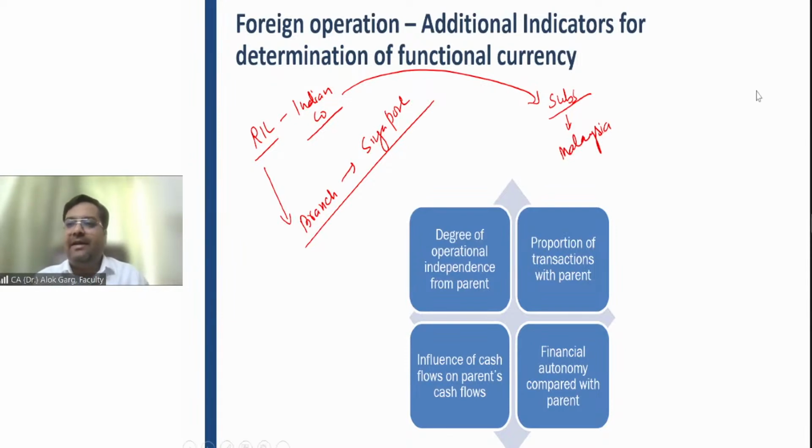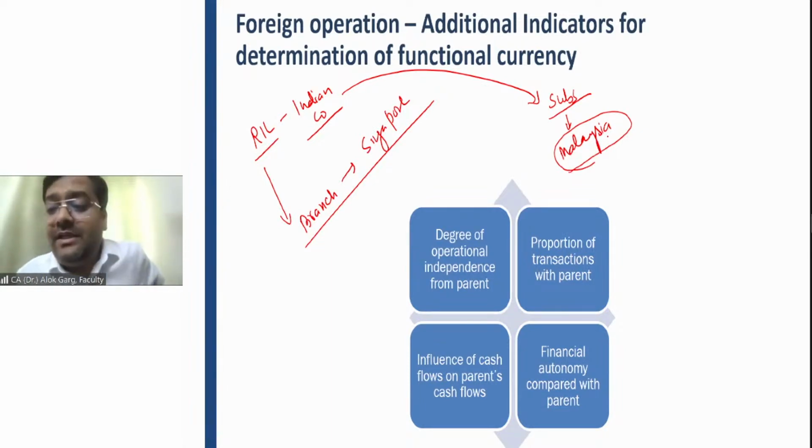RIL has invested 100% in this subsidiary, so it is a wholly owned subsidiary incorporated in Malaysia, right? So now the question arises, what should be the functional currency of this foreign operation, for this branch, for this subsidiary?